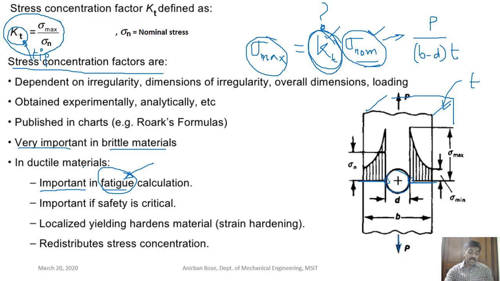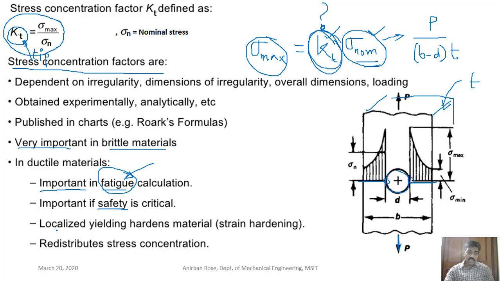Even for static conditions it is sometimes considered, but it will over-design the whole thing. But if safety is the ultimate criterion, then sometimes we are very conservative, and we also consider stress concentration in ductile materials.